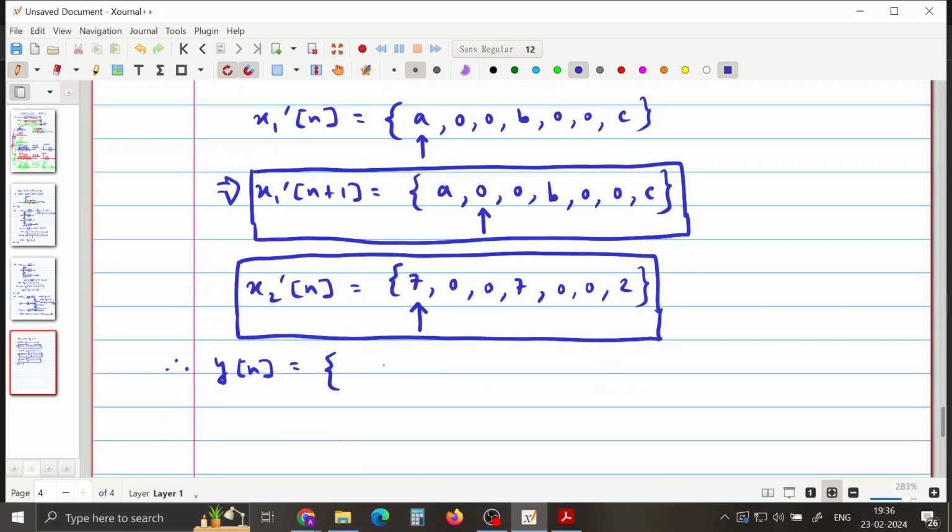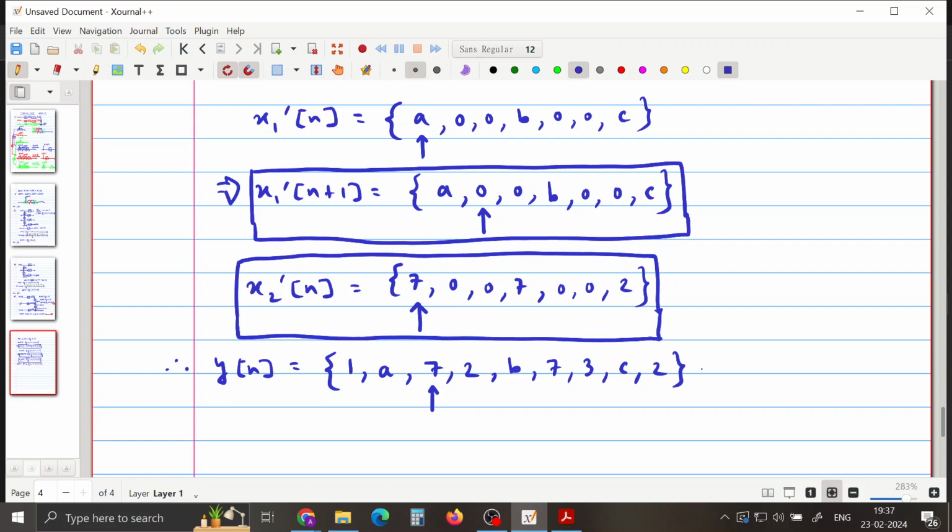Okay, so you can do that. So what you will get is 1 a 7 2 b 7 3 c 2, with the arrowhead pointing at this location. This is what you are going to get from adding these three.